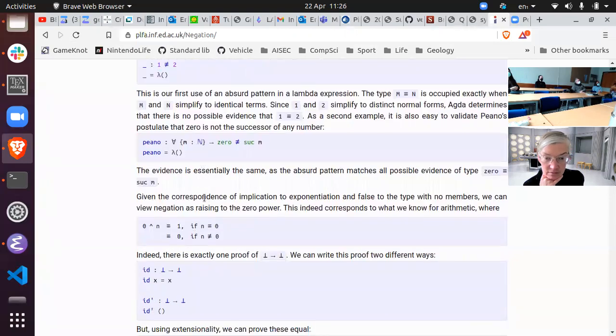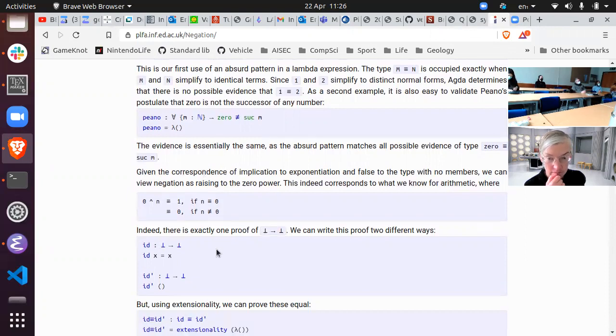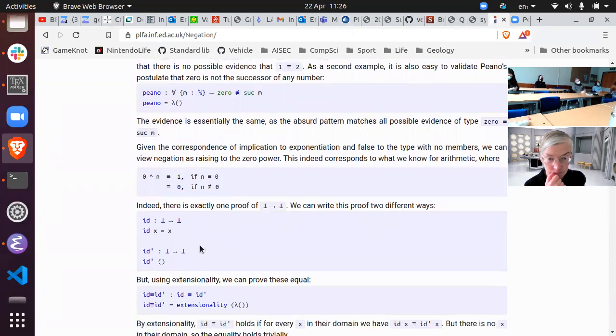Given the correspondence of implication to exponentiation and false to the type of no members, we can view negation as raising to the 0 power. So 0 to the n equals 1 if n equals 0. I'm trying to work out if there's something profound and deep here.